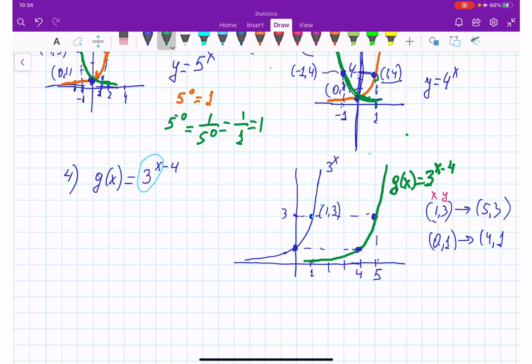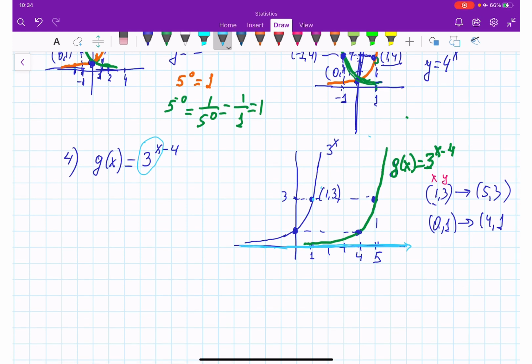This one. Yes? This is our horizontal asymptote, y is equal to 0. Yes?